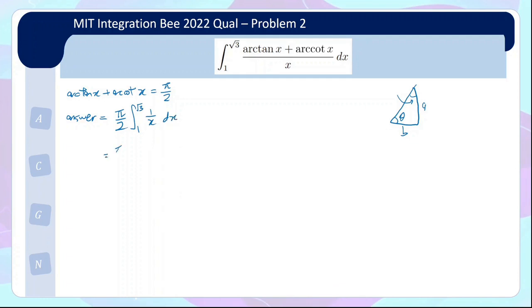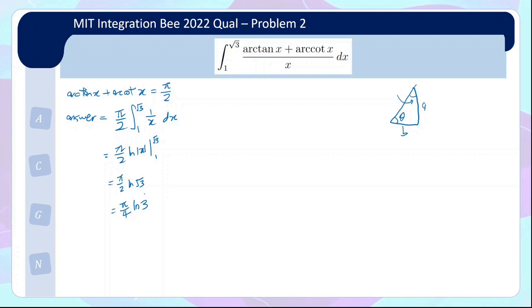So really this is just pi over 2 ln x evaluated from 1 to square root 3, and this is pi over 2 ln square root 3, which is pi over 4 ln 3. So that is all for problem 2.